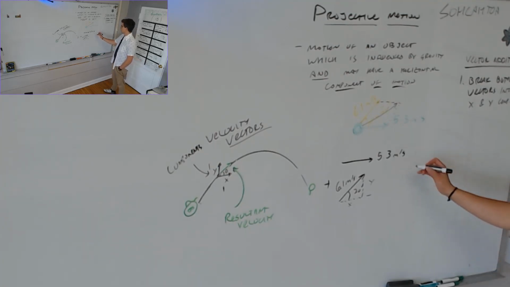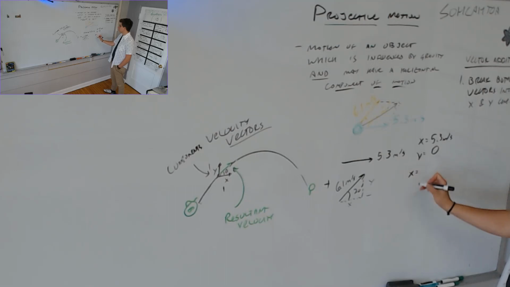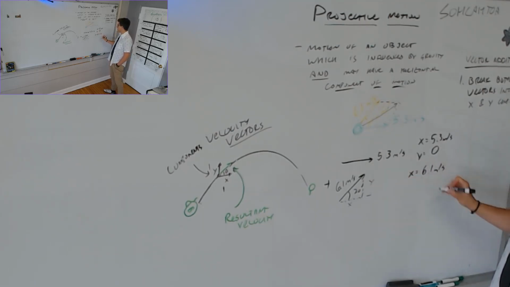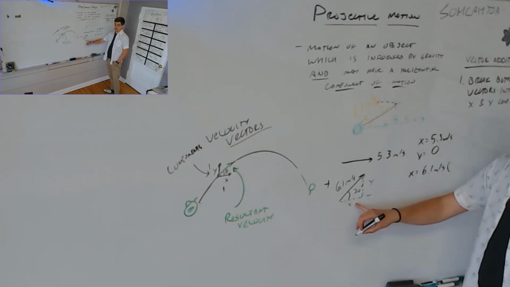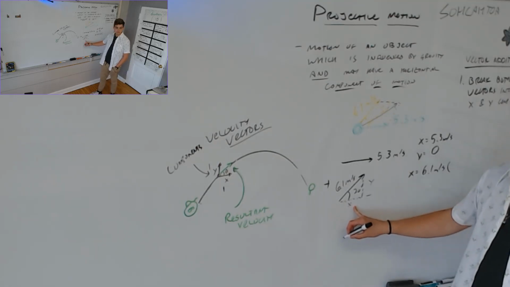Okay, so this one's x component equals 5.3 meters per second, and its y component is 0. This one's x component equals 6.1 meters per second times, if we want to find the x component, which trigonometric identity are we going to use? Try again.